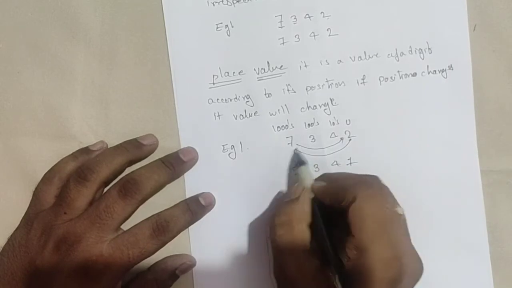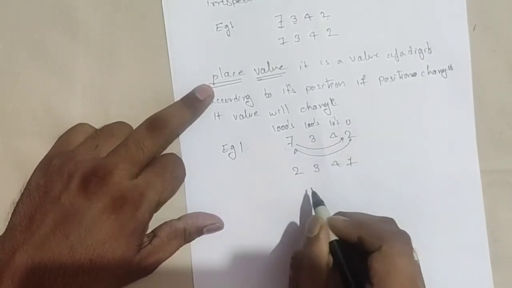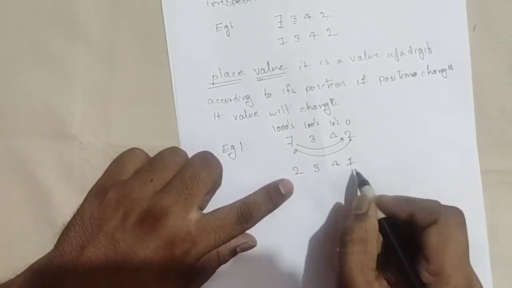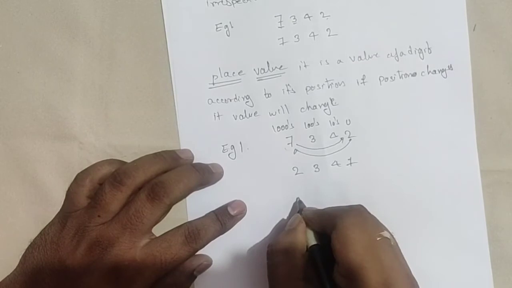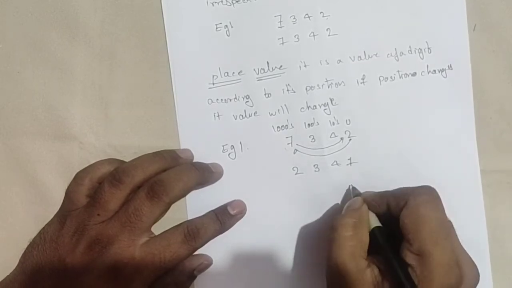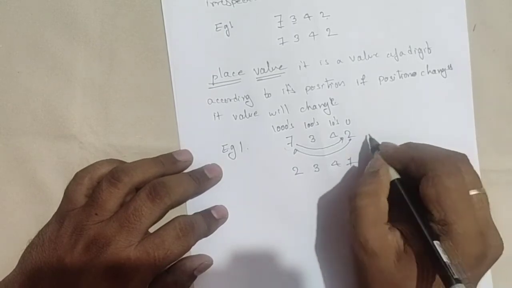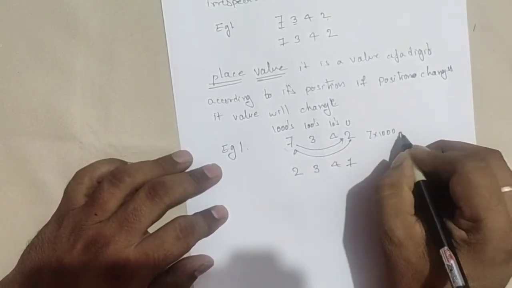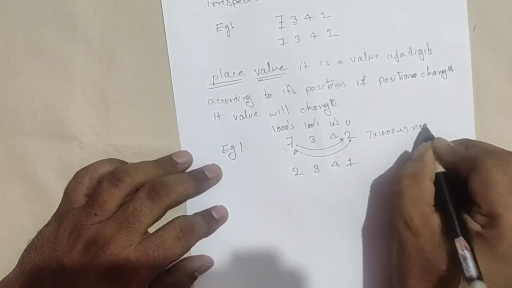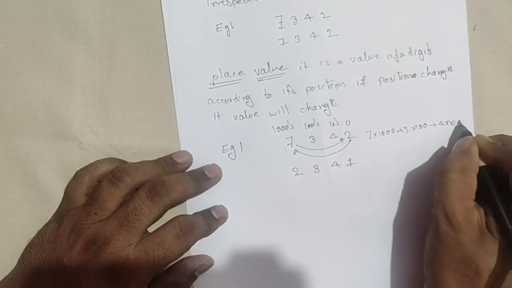Now when I change the place, the value of the actual given number is going to change. 2347, actually it was 7342. So 7 into 1000 previously, plus 3 into 100, plus 4 into 10, plus 2.